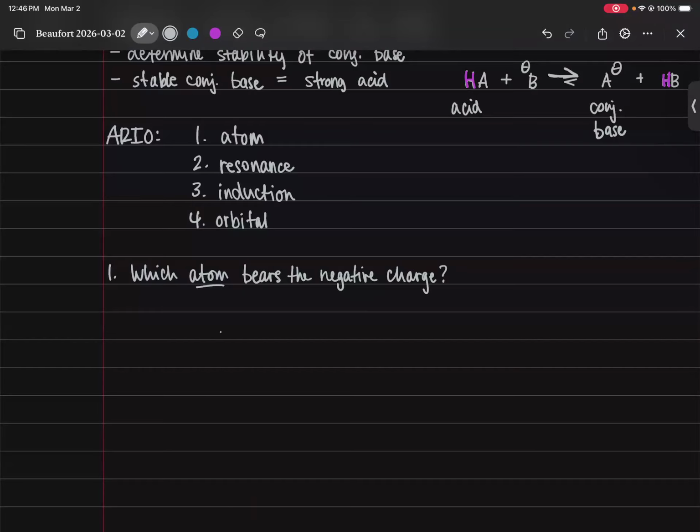But let's compare these two potential acids. And we want to see which of these two pink protons is more acidic.